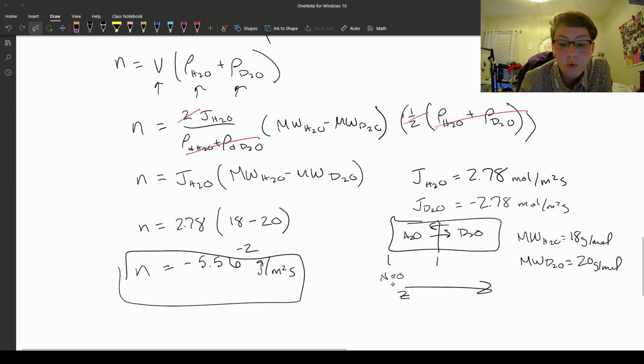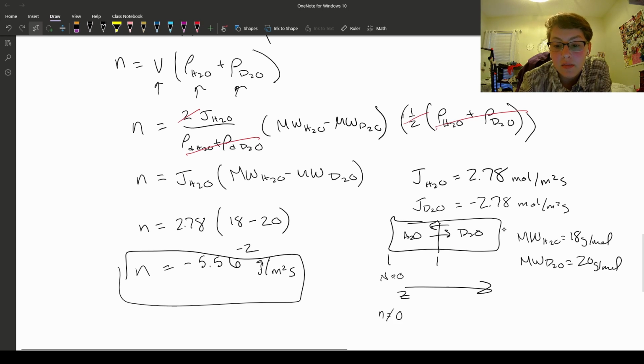Even though the total molar flux is going to be equal to 0, since the molecular weights of the two materials are not the same, as we discussed in the previous video, the total mass flux will not be equal to 0.